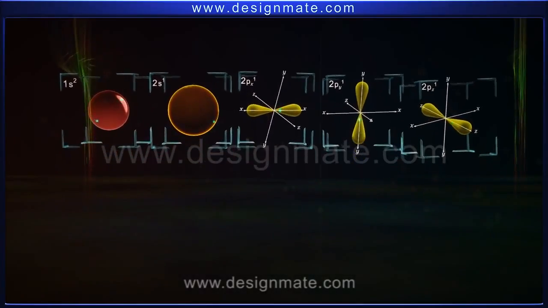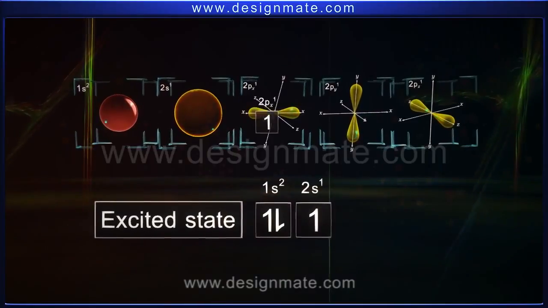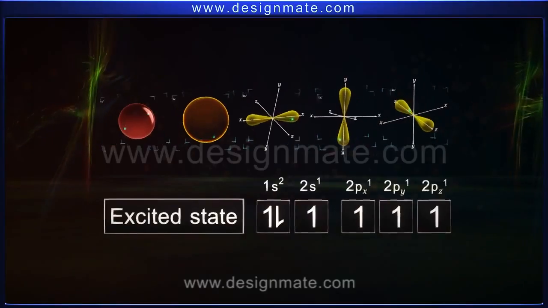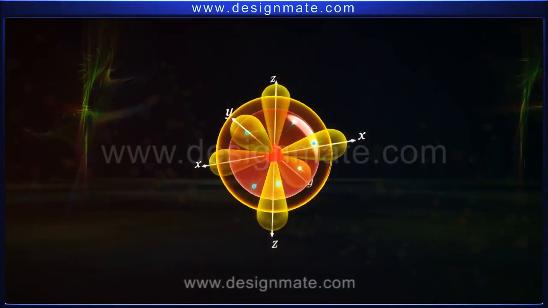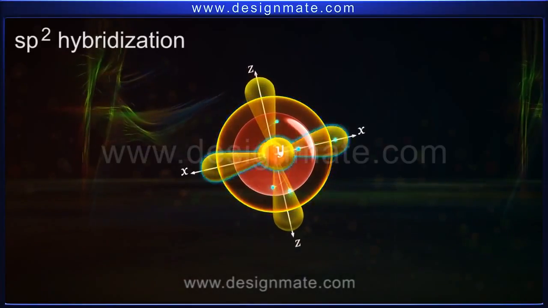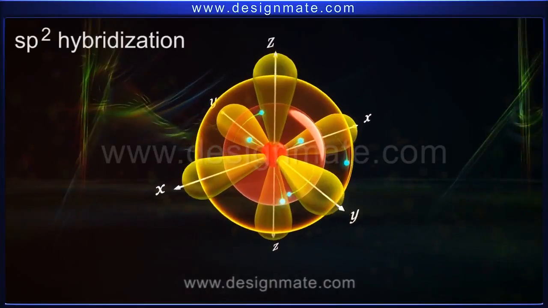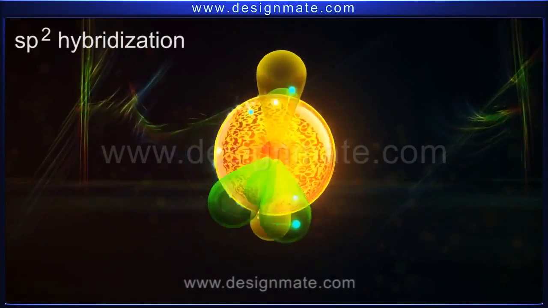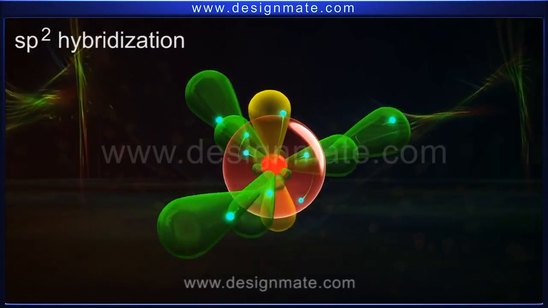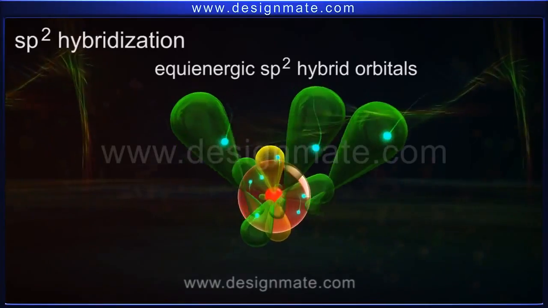Besides sp3 hybridization, the excited carbon atom may also undergo sp2 or sp hybridization. In sp2 hybridization, 1 2s and 2 of the 2p orbitals intermix. Consequently, this hybridization is termed as sp2 hybridization. The hybridization leads to the formation of 3 equienergic sp2 hybrid orbitals.